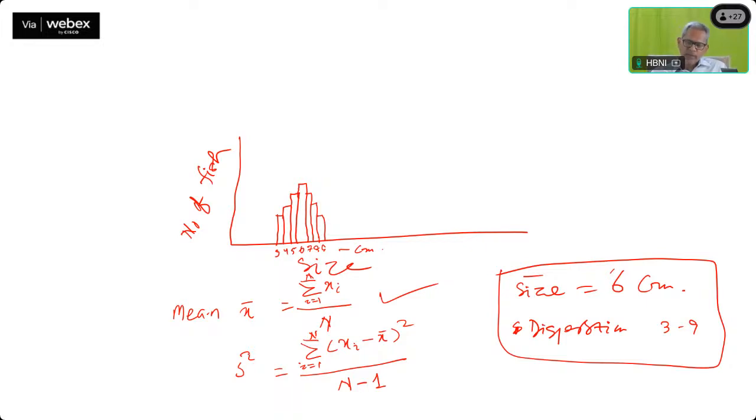Always remember, when you are calculating the sample variance, you should use n minus 1. Only if you are calculating the variance of a population can you use n. This you must remember. And similarly, if you want the standard deviation, s, then you take the root of this.